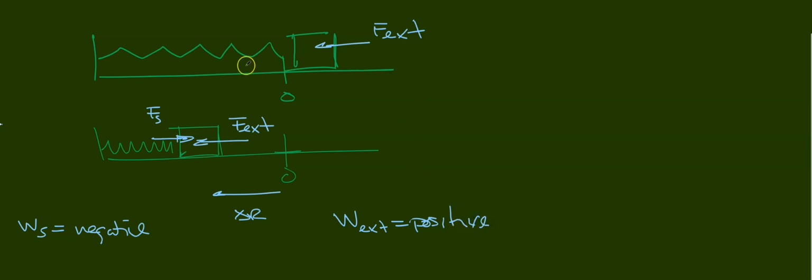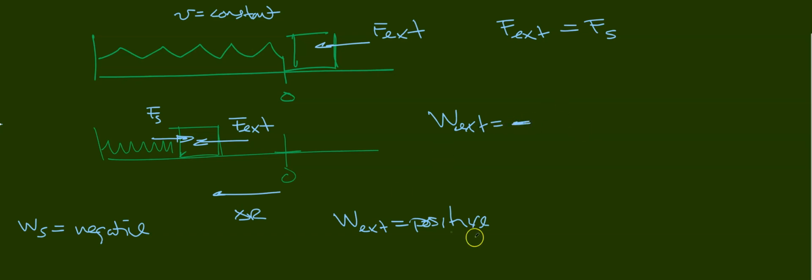Now, if I make this move very slowly at constant velocity, a free body without friction, of course, then the magnitude of the external force is equal to the magnitude of the spring force. And what we see is that the work done by the external force is going to be the negative, because it's positive, of whatever the spring did, right?